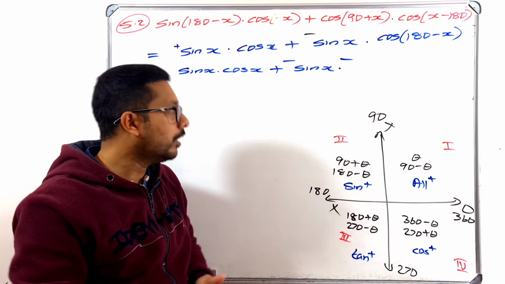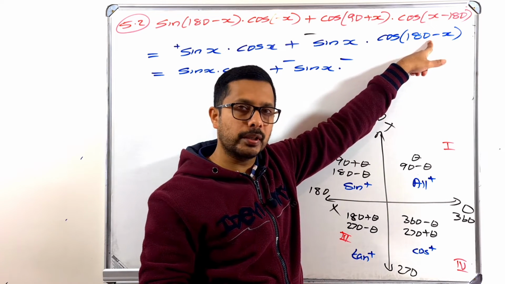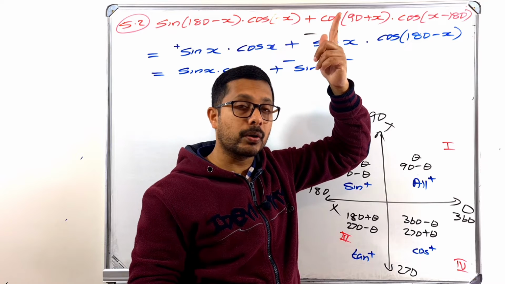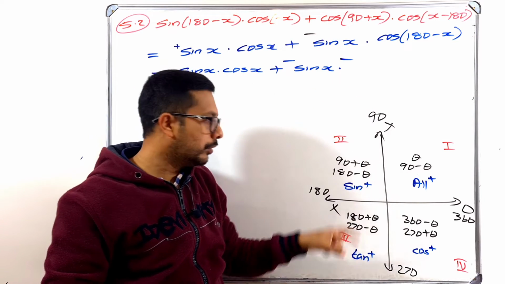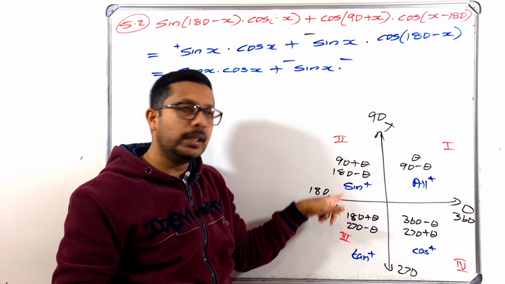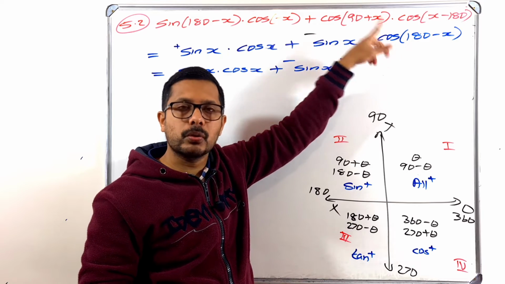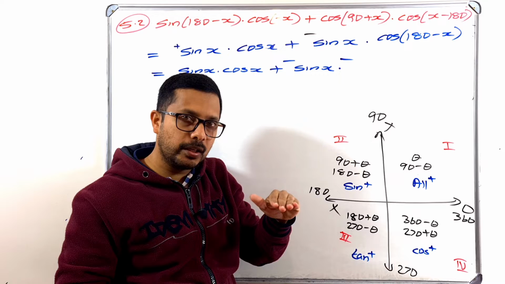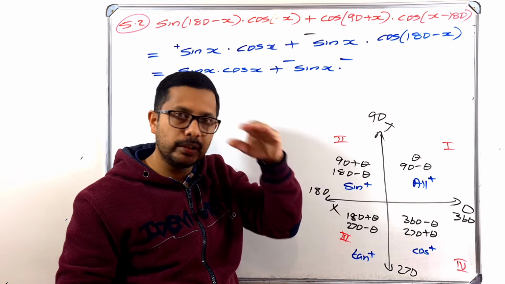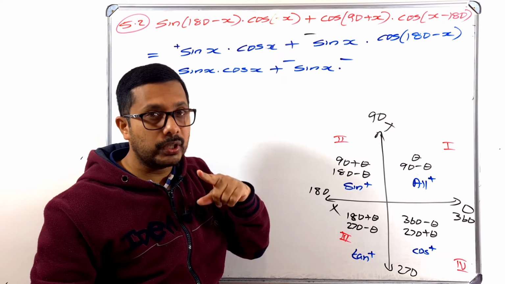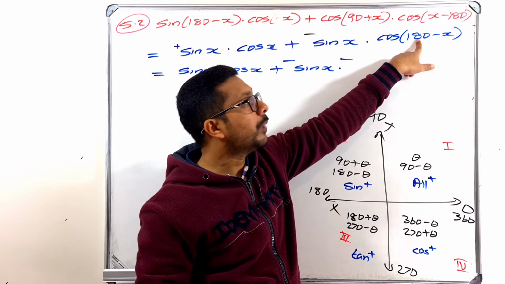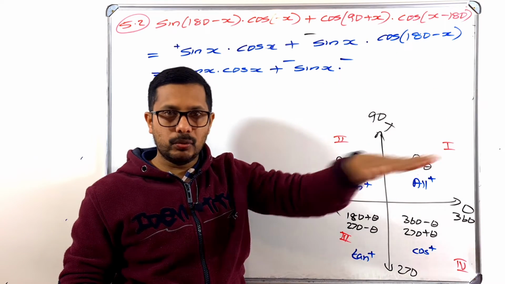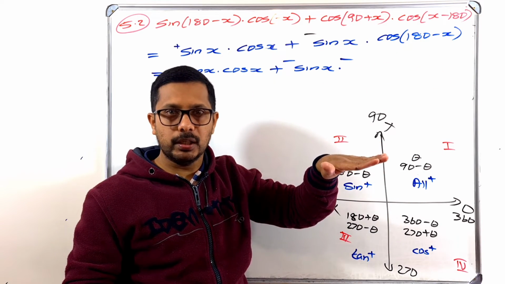Once more, 180 minus x is in which quadrant? Second quadrant. Second quadrant, what is positive? Sine is positive. Here what? Cos. So it is negative. Can you see the order that's coming? And you won't make a mistake if you think in this order. One more thing, don't forget that if it is based on the 180 or 360 horizontal line, there is no change in the trigonometric function.